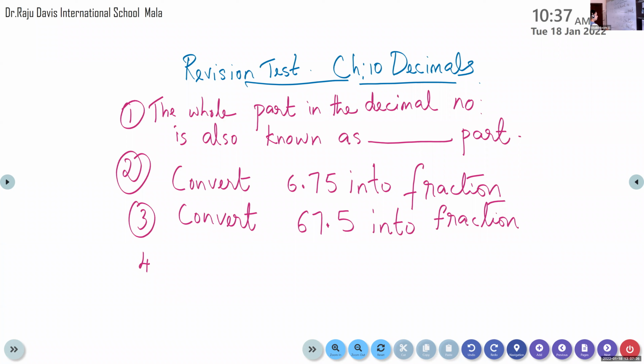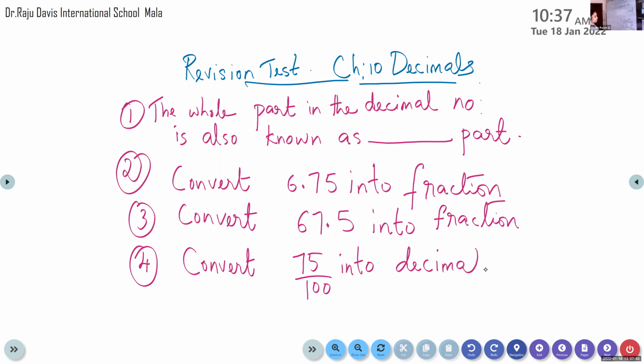Question number 4. Convert 75 by 100 into decimal. Again, question number 5. Convert 75 by 10 into decimal.